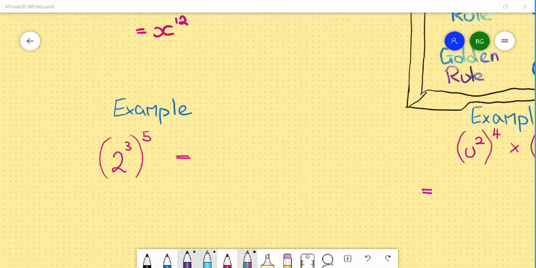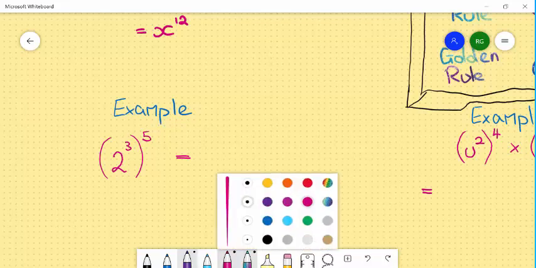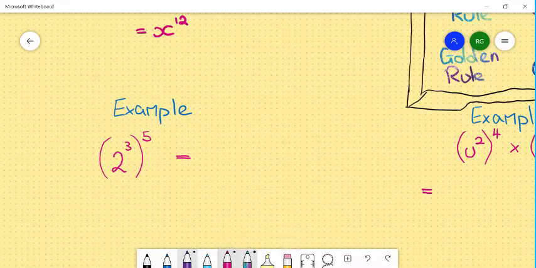We'll run through a quick example here. Here the number is 2 to the power of 3 to the power of 5. So if we think about that, that means 2 cubed multiplied by 2 cubed multiplied by 2 cubed multiplied by 2 cubed. Remember, we're doing this 5 times over.